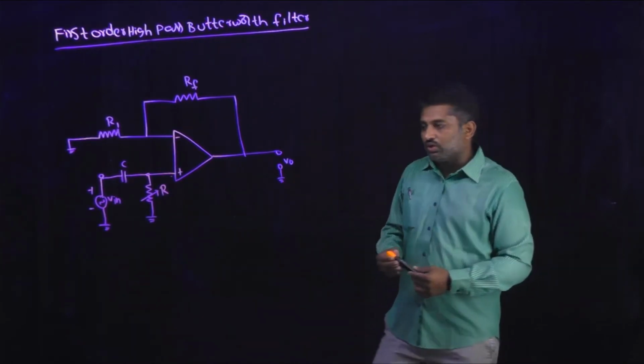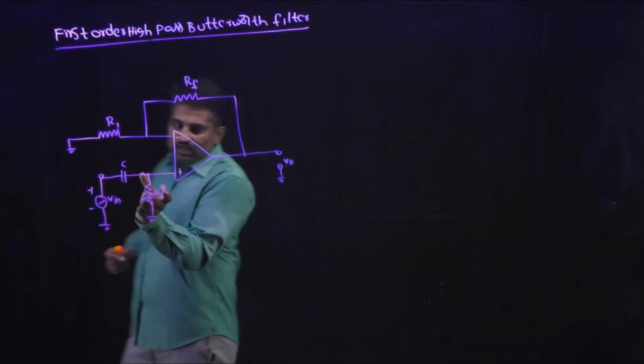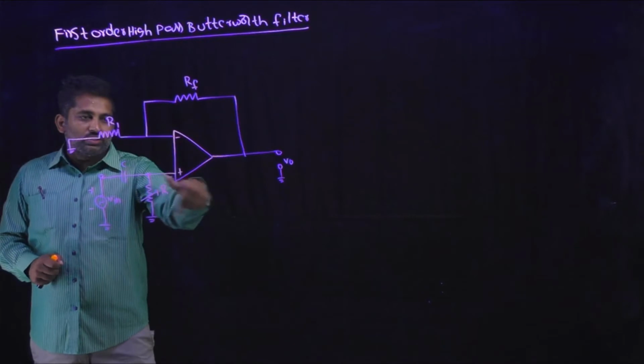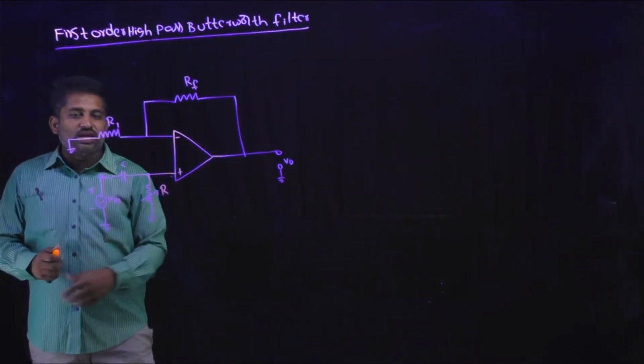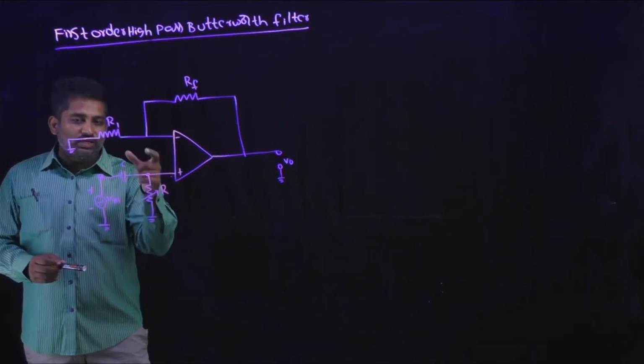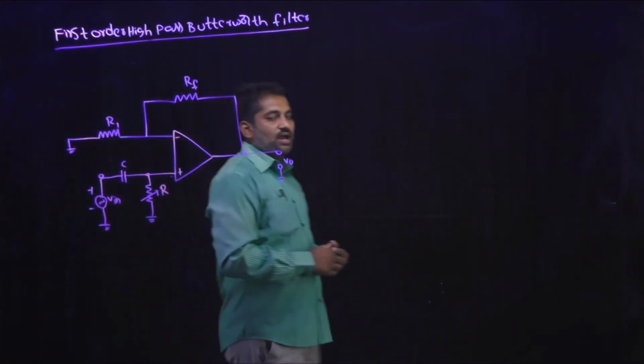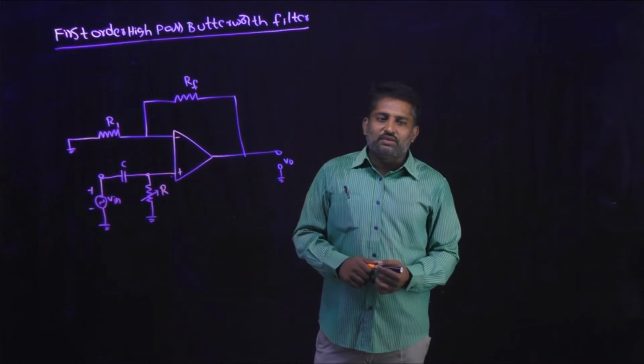circuit. So here, by using the C and R along with the op amp used in the non-inverting op amp configuration, we are going to analyze the first order high pass Butterworth filter.